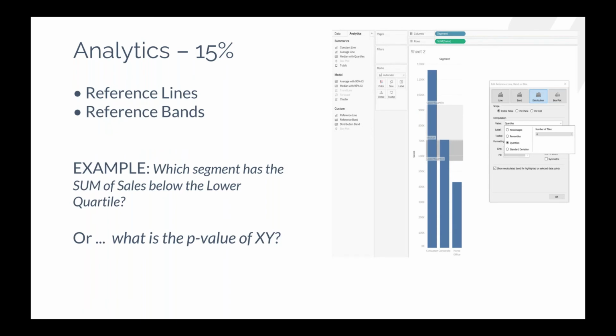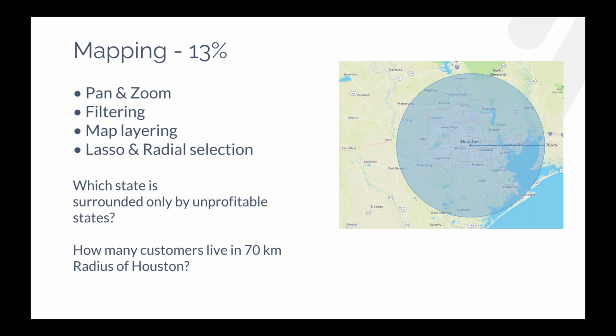Moving forward, these are just some suggestions. I personally was not working with mapping that much previously. In the exam, it's 13%. Normally the questions are not very difficult from my perspective.